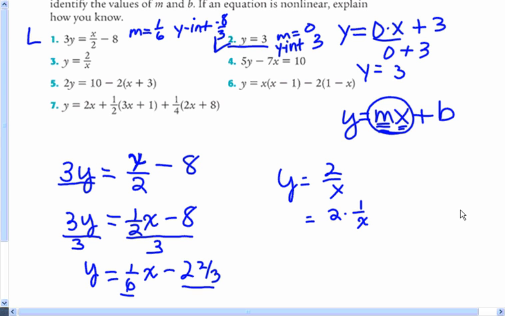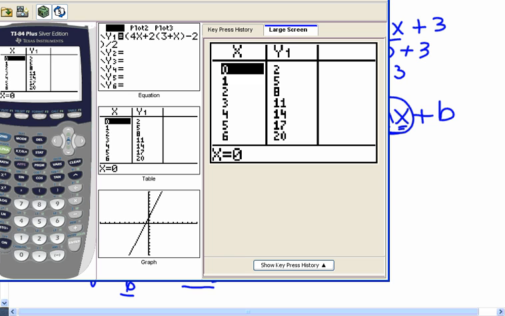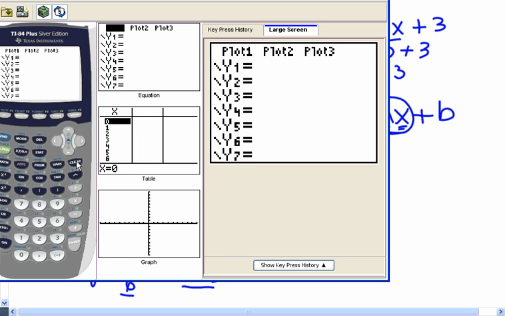All right, and so it doesn't seem to fit that form, but let's just check that on our graphing calculator, and just see what that looks like on the graph. That would be kind of interesting. But we don't think it fits that form because it's dividing by x.